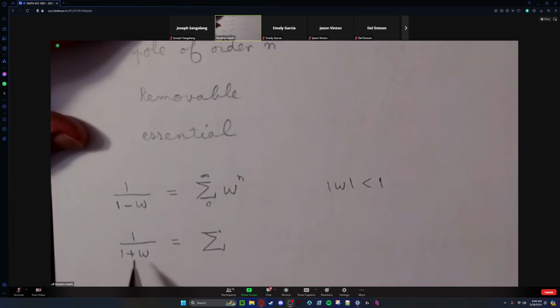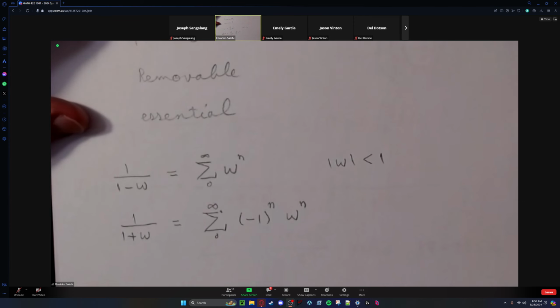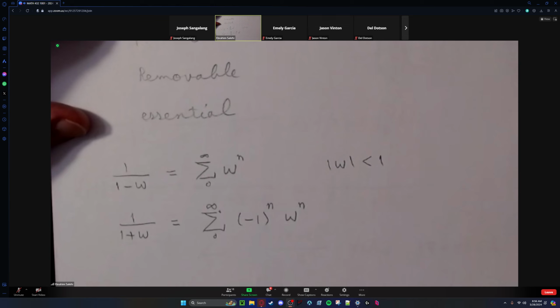So this one, I replace W by negative W, so I will have negative 1 to the n, W to the n. So in those fractions, most of the time we will use one of these. And in order to use one of these, of course, we need the modulus of W to be less than 1.